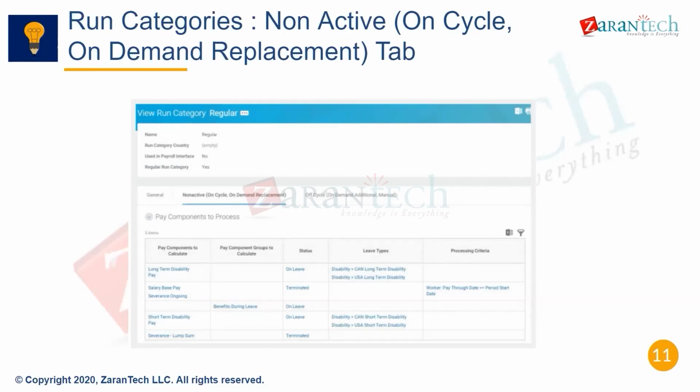In order to do that, my short-term disability leave should have the payroll effect checkbox checked, which means that whenever an employee gets put on short-term disability, payroll will see that the checkbox is checked and stop the regular pay. But because we need to pay the employee, we have another earning code called short-term disability, and we have a calculation rule based on what phase of short-term disability the employee is in.